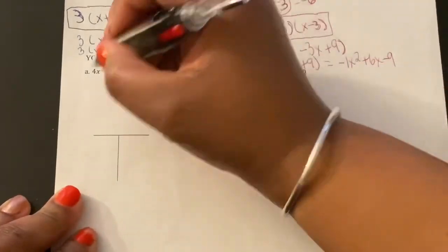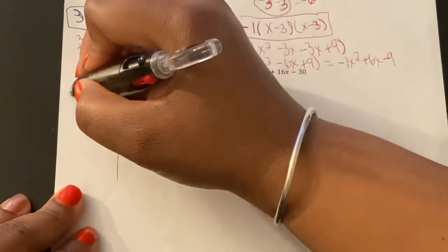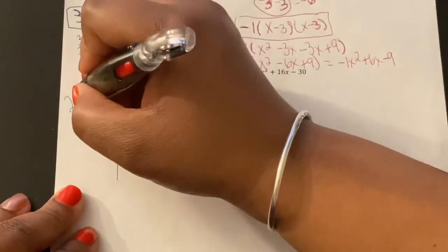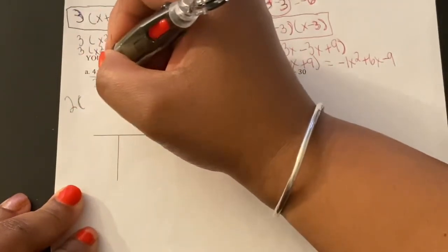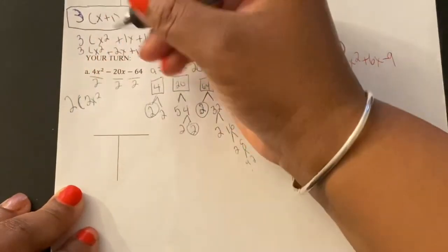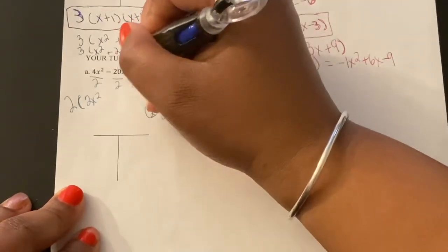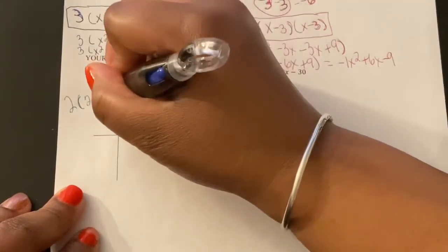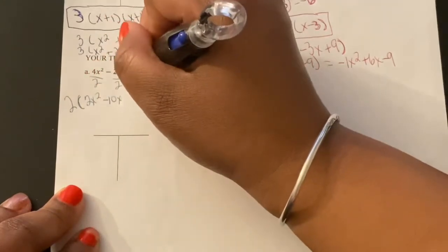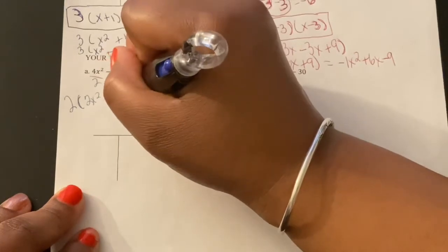So I'm going to divide everything by 2. 2 goes on the outside. What's left: 4x squared divided by 2 is 2x squared. Negative 20x divided by 2 is negative 10x. And then negative 64 divided by 2 is negative 32.